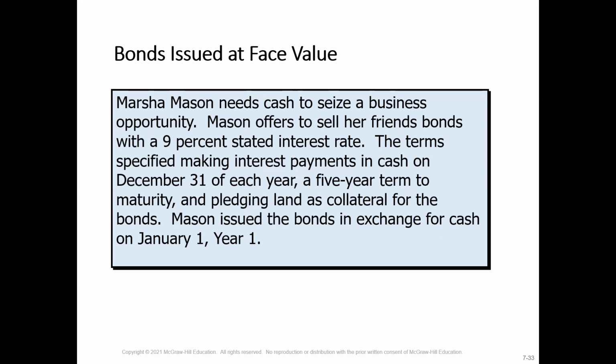I'm offering a bond issue. 5 years out, I'll repay you, and I'll pay you interest payments every year if you'll let me borrow money from you. So maybe you couldn't borrow $50,000, but you could borrow $10,000 from 5 people. That's basically a bond.